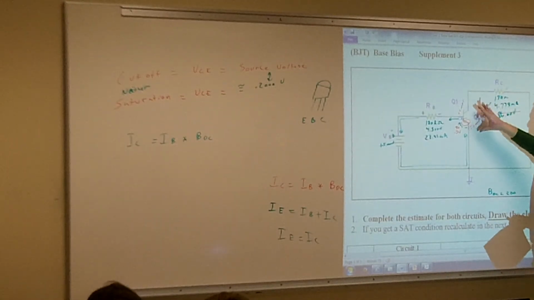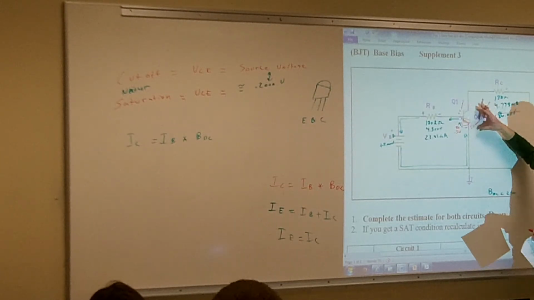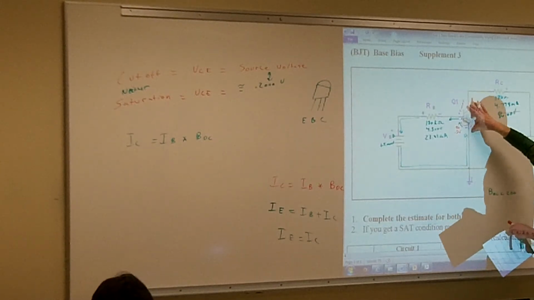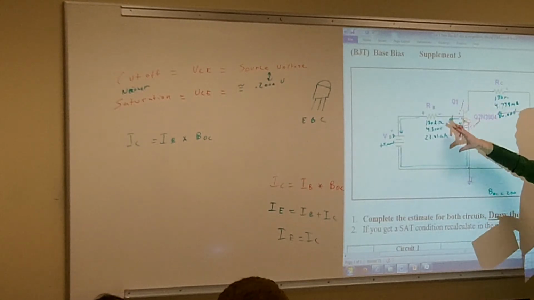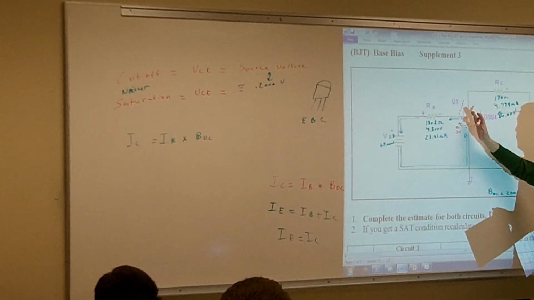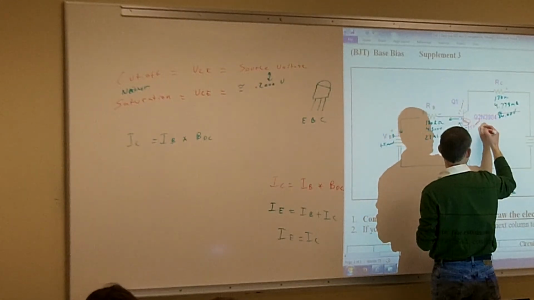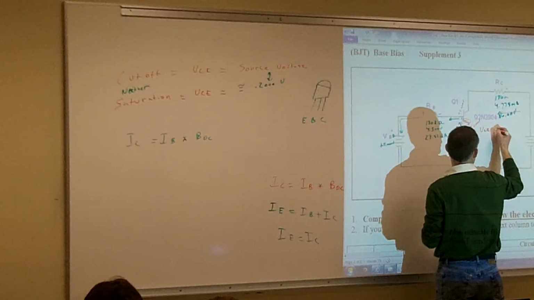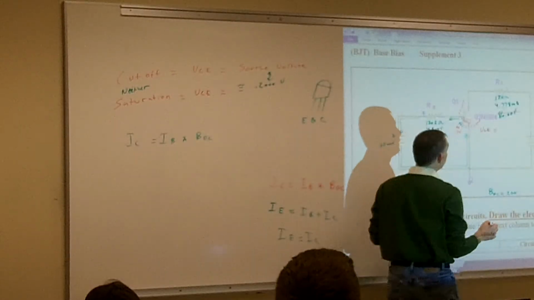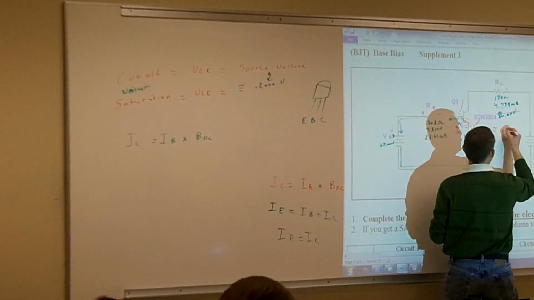If I'm in saturation, I know that my voltage across CE is only going to be 0.2 volts. It's like a switch. That thing is turned on so hard that it's like a closed switch. So it's just like measuring across a short. So then we know that my voltage across CE is going to equal what for voltage? 0.2 volts for approximation.